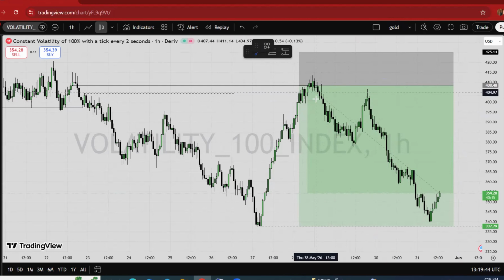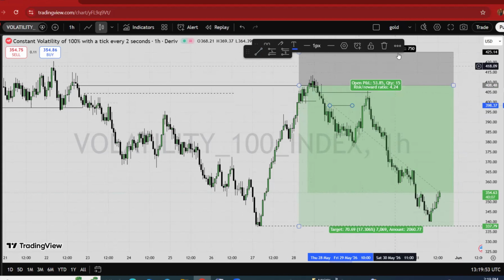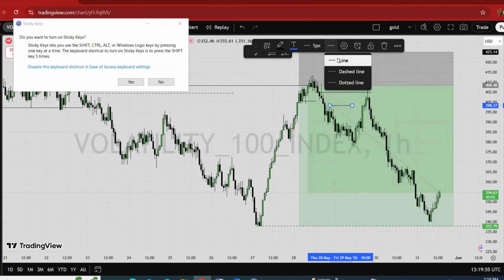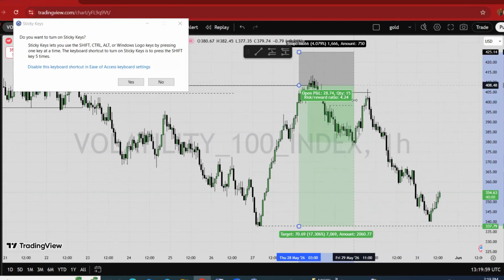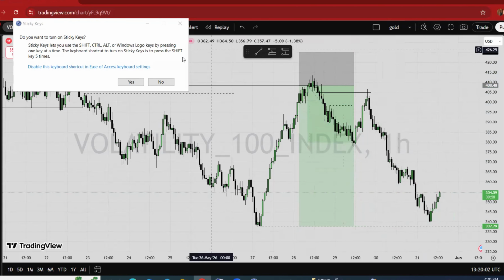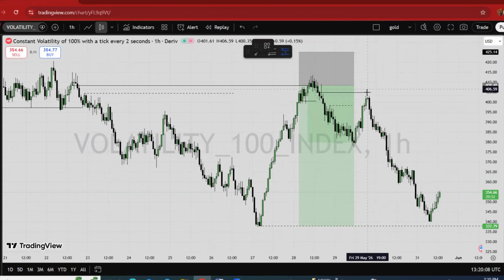You can see another block here. I can also see my liquidity here. Same model, same strategy everywhere.